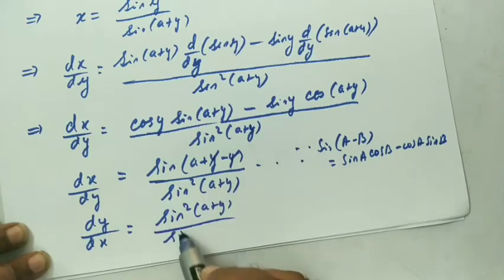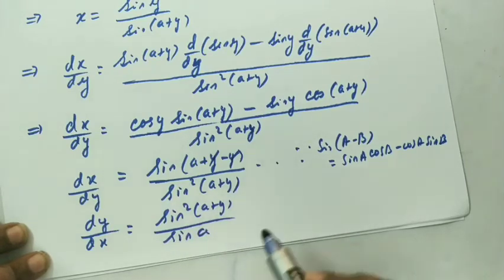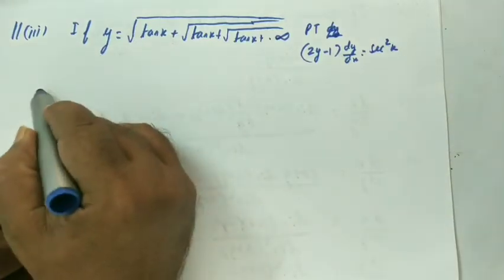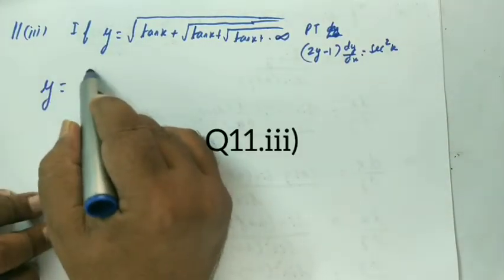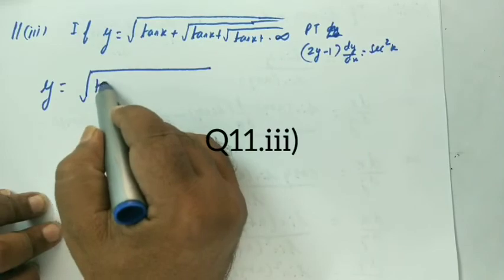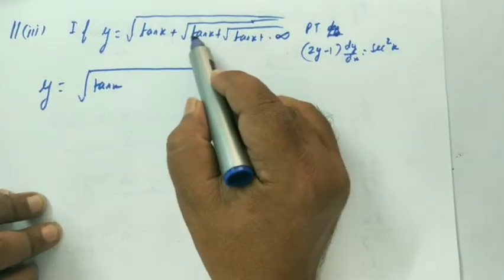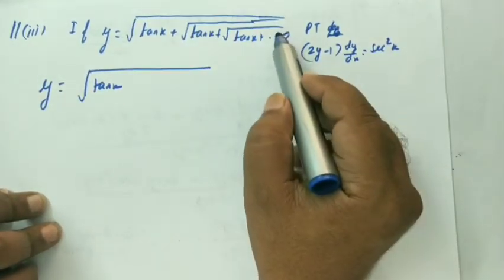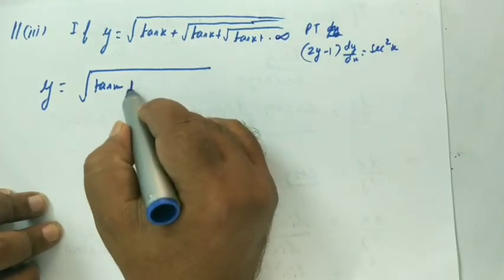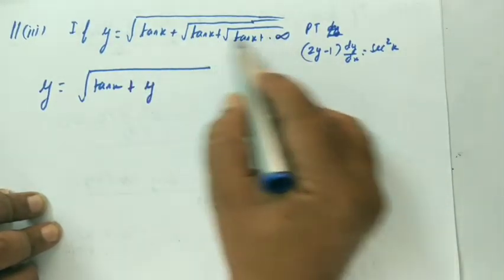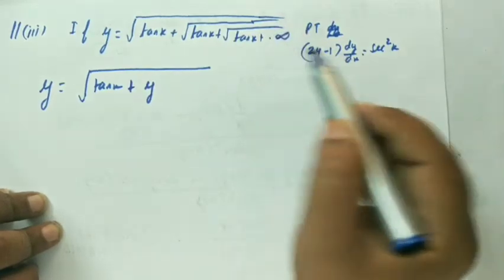By sine a. Proved. Now this expression I can write here tan x, but you'll find this expression is same as the whole expression. So I will write this as y because this is also y. You'll find this and the whole thing is same.